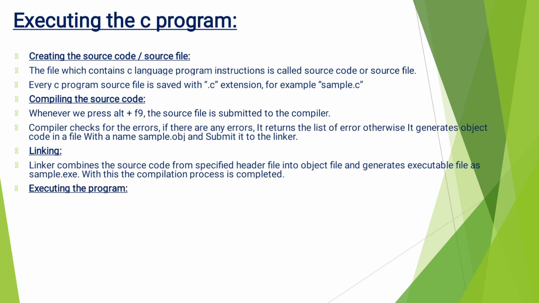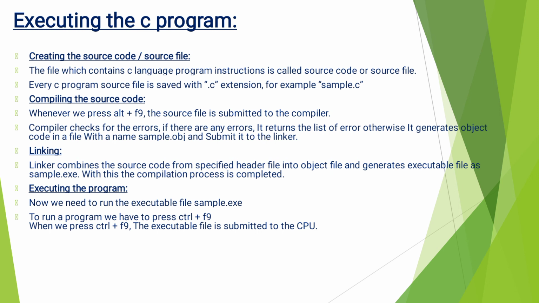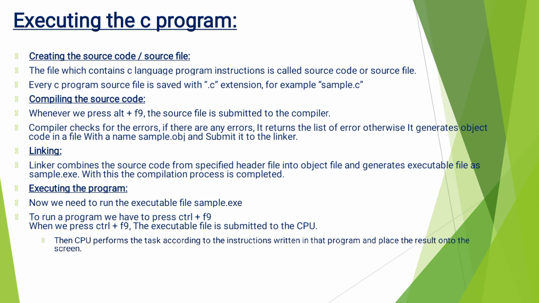The next thing is we have to execute our program. Now we need to run the executable file. Our sample.exe is the executable file, and we have to run this file. To run a program, we press Ctrl plus F9, the Ctrl key along with F9. When we press Ctrl plus F9, the executable file is submitted to the CPU.